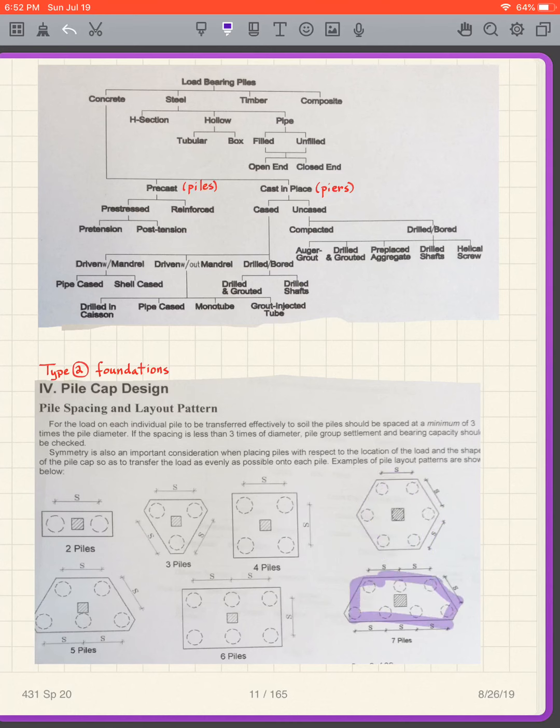You can see them here. Rectangles. Different options. Anyway, the idea here is to give you a concept of, we have the column, which is generally maybe in the middle as much as you can, and then below the pile cap you have the piles.